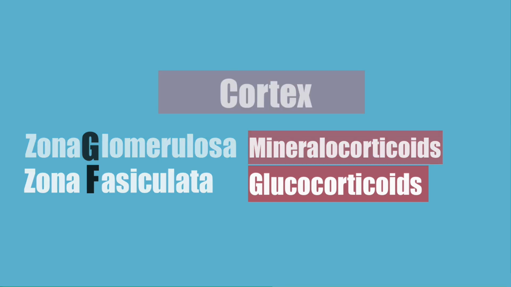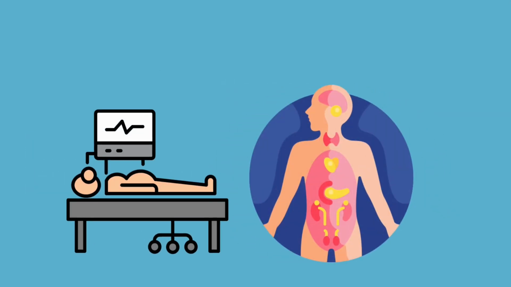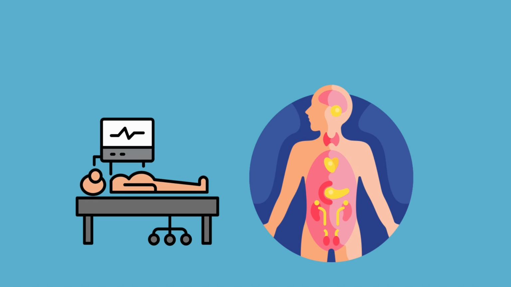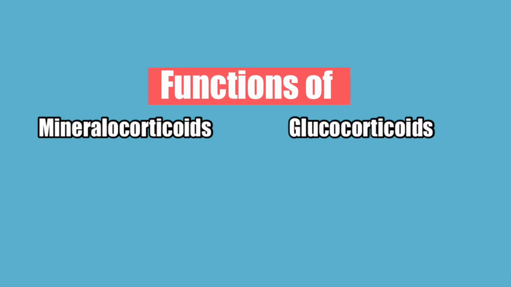Look, all these corticosteroids are synthesized in our body, but there are certain conditions in which we are forced to use the artificial or synthetic form of these steroids for the benefit of the patient, and that is what we are going to learn today. We will be able to understand the indications of these corticosteroids better if we are aware of the function of mineralocorticoid and glucocorticoid in our body.